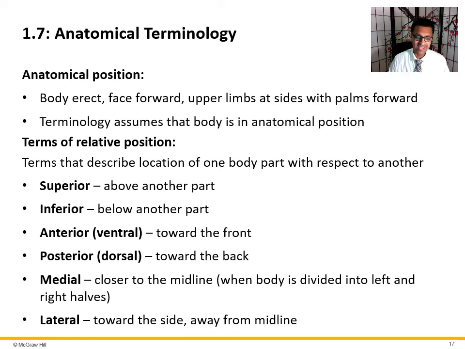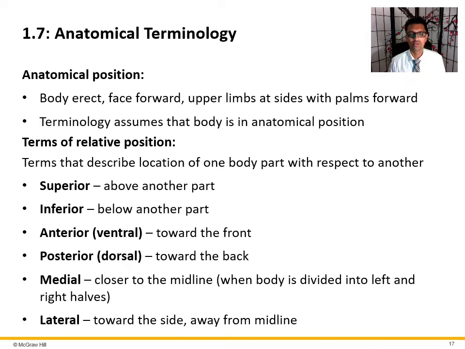My head is superior to my chest, right? So my head is superior to the chest. My shoulder is lateral, away from my sternum, right? Here's my sternum. So my shoulder is lateral to that. Now anterior, my ribs are anterior to my heart.